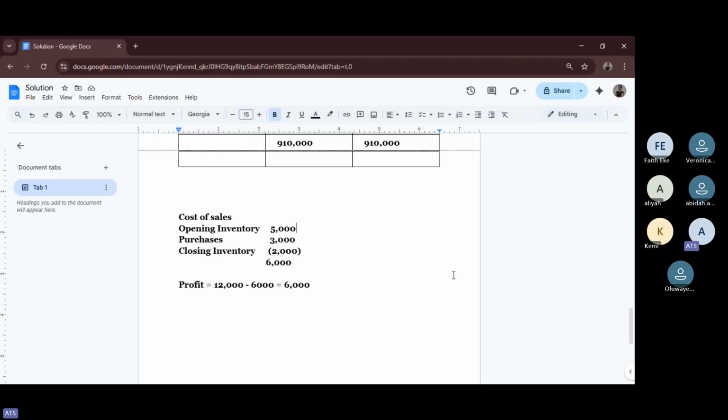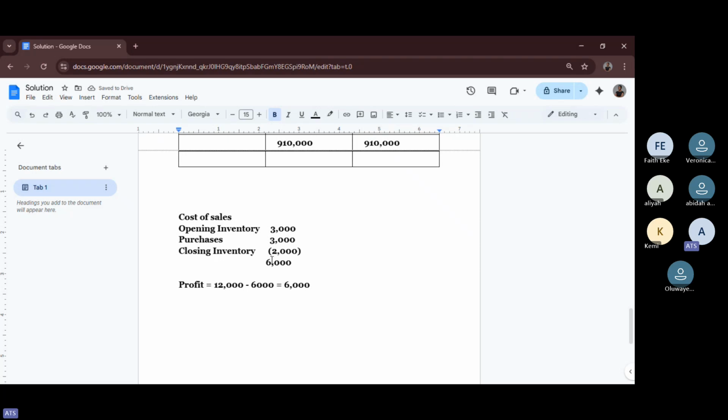Do you understand? Now you know that your profit is supposed to be 6,000. If you overstated your opening inventory, and it was supposed to be 3,000, what would this mean?